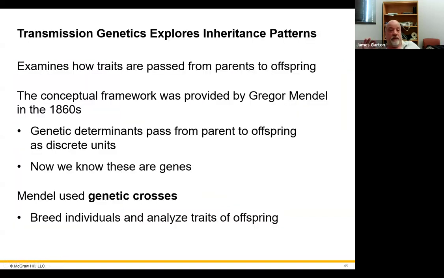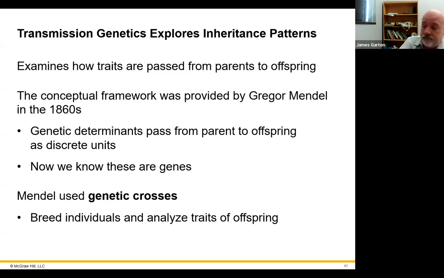Now, transmission genetics explores patterns of inheritance. It just is going to see how traits get passed from one generation to the next. The early groundwork of transmission genetics was laid down in the 1860s. And the vocabulary that is used in transmission genetics has changed.